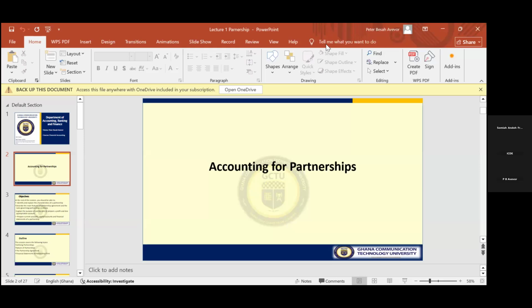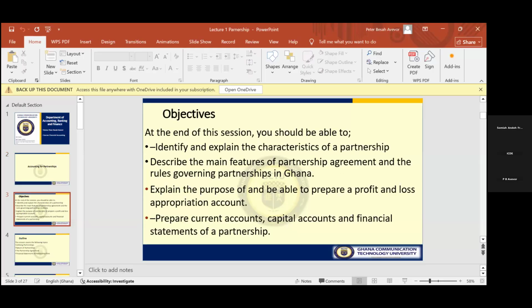Okay, thank you. So now let's go to the slide and see what is there. At the end of the session, you, the students, should be able to identify and explain the characteristics of a partnership, describe the main features of partnership agreements and the rules governing partnership in Ghana.